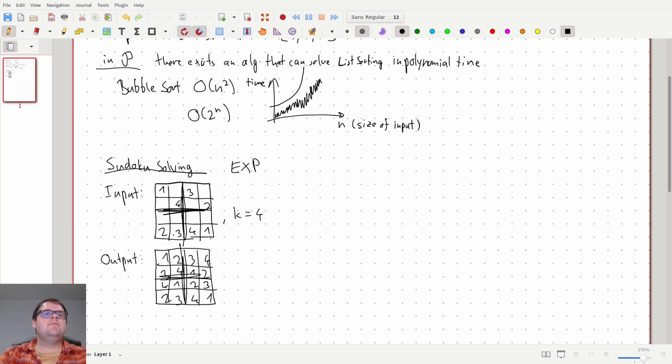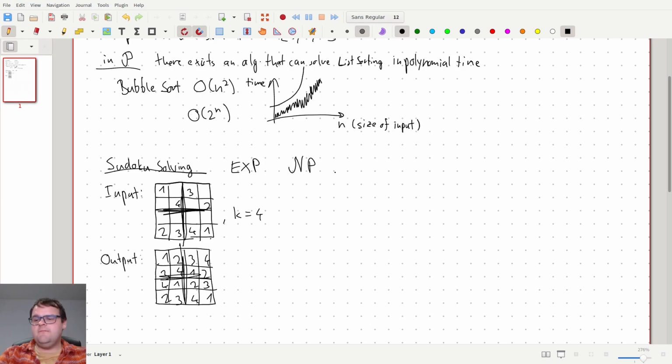So in this case, we just have to check that the numbers match up in the correct squares and that this solution doesn't have repeating digits in rows or columns, right? So yeah, that takes just polynomial time because you're just comparing rows and columns of the object with each other, right? That's the rough idea, and that's what we call NP. So NP means we can verify it in polynomial time.